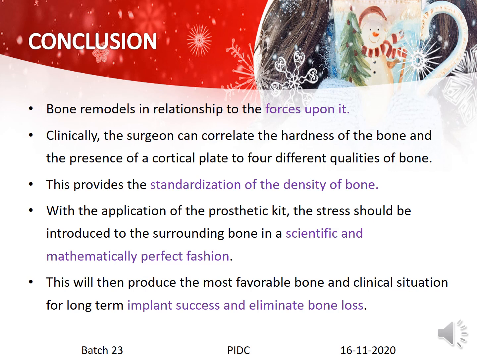This will then produce the most favorable clinical situation for long-term implant success and eliminate bone loss. So ultimately, I would tell you that the density of the bone is the main factor for checking how you are going to give your implant. The site has to be checked prior to your implant placement.